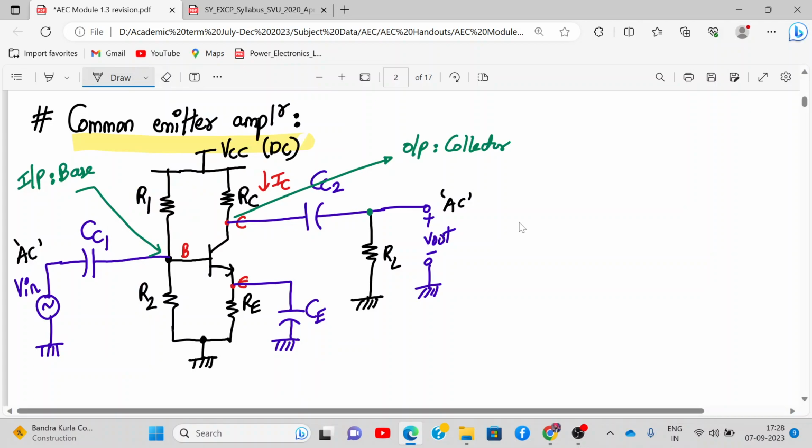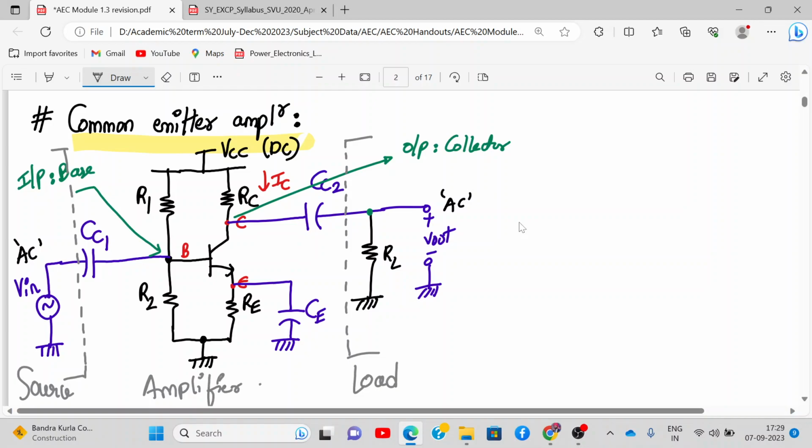The part to the left-hand side of this gray line here is called the source. Over here, to the right-hand side of this RL, this is my load, and in between we have the amplifier. So this is my source, this is my amplifier part, and that is my load. That is why RL is called the load resistance.